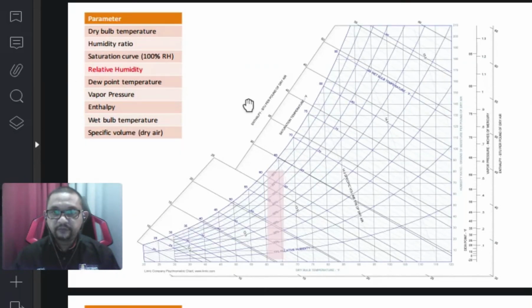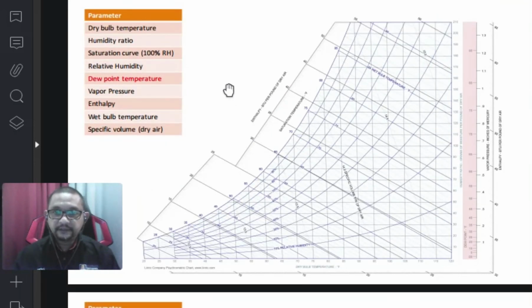Number four is relative humidity. These are all the values of relative humidity. They are curved lines, 1, 2, 3, and so on.